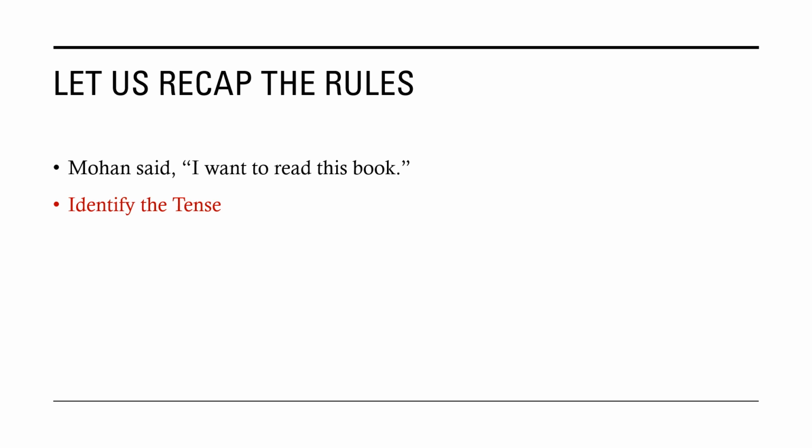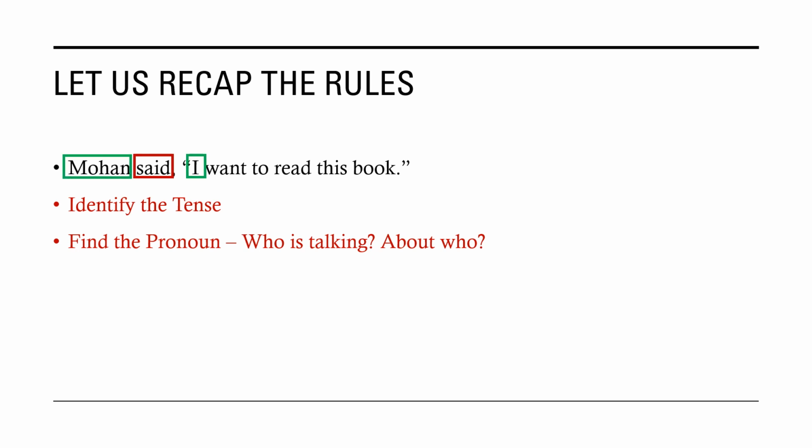First, we will identify the tense. The tense here is said, which is past. Find the pronoun who is talking and about who is the person talking. Here, Mohan is talking and he is talking about himself, I. Third, are there any adverbs?